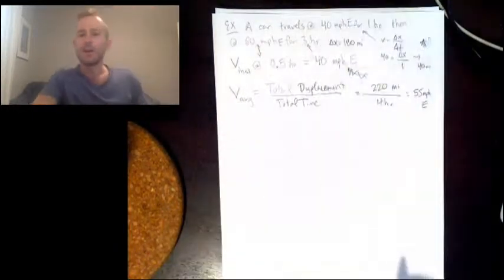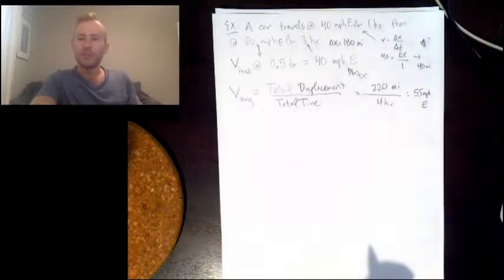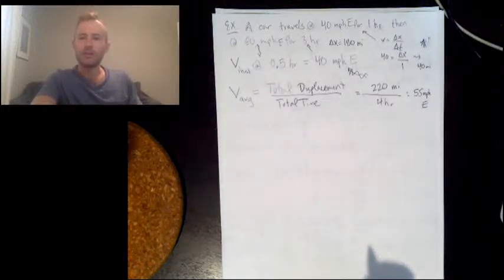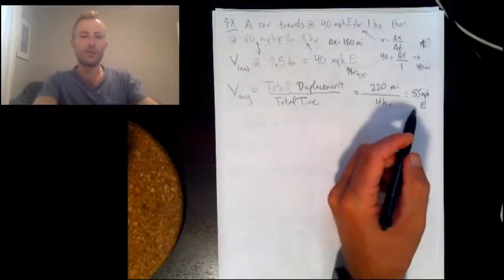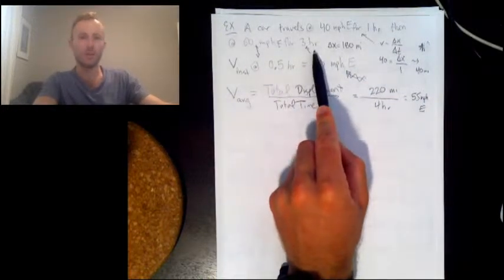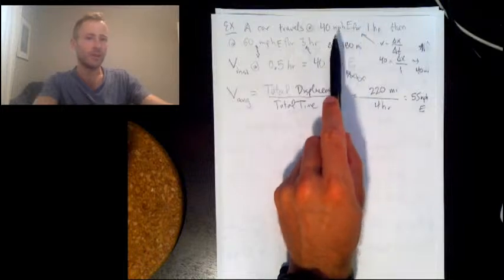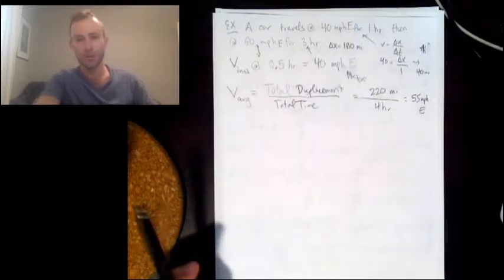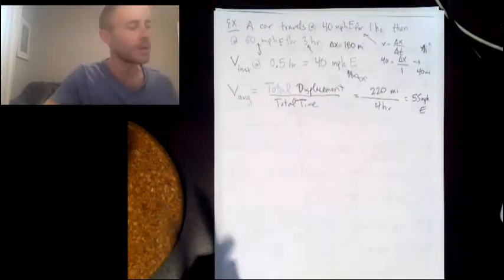Okay, very good. Matthew said it's closer to 60, yes, because you spent 3 hours going at 60 miles per hour, whereas you only spent 1 hour going at 40 miles per hour. Okay, very good.